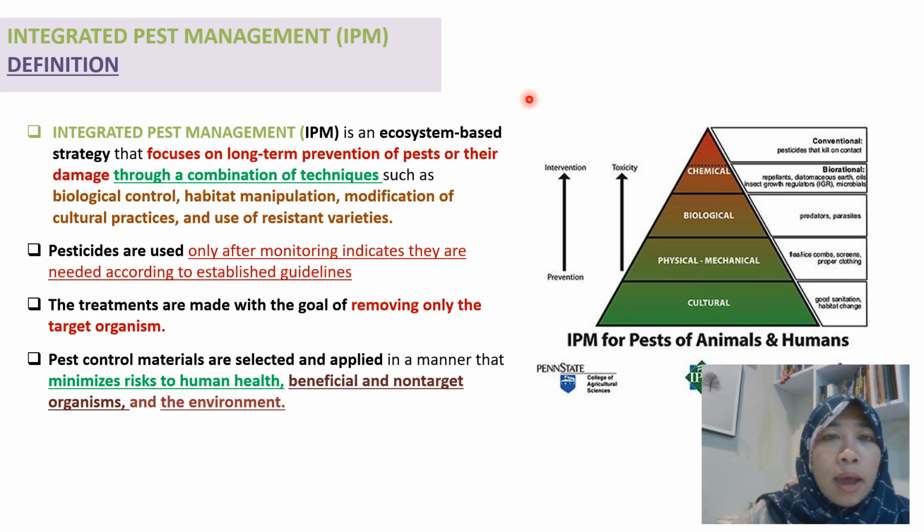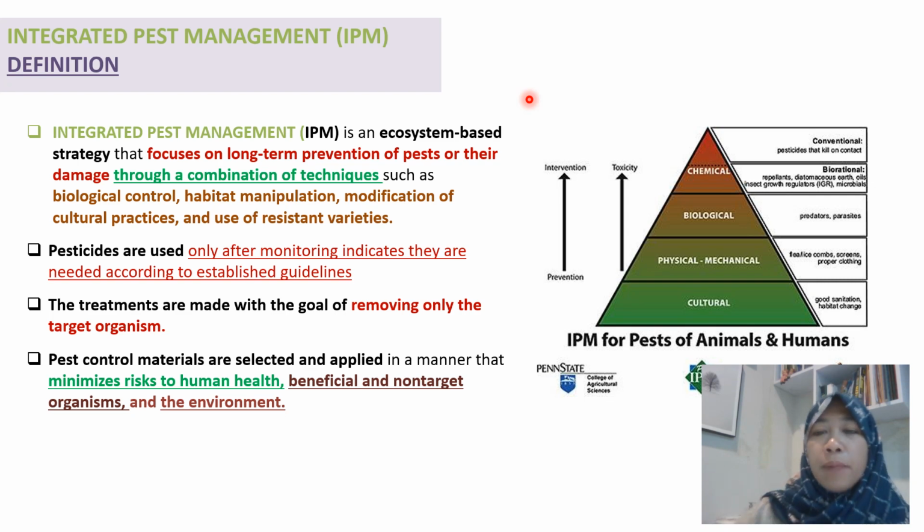Okay, I will give a clear definition of economic threshold. Economic threshold is the threshold at which pesticide can be used. In Indonesian, it means ambang ekonomi, a threshold at which pesticide can be used.